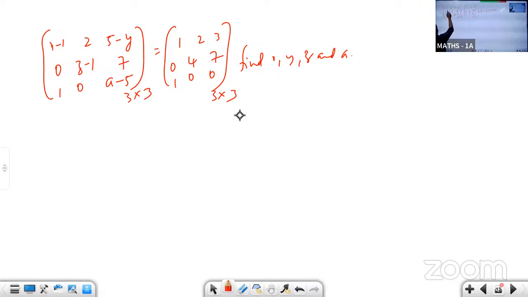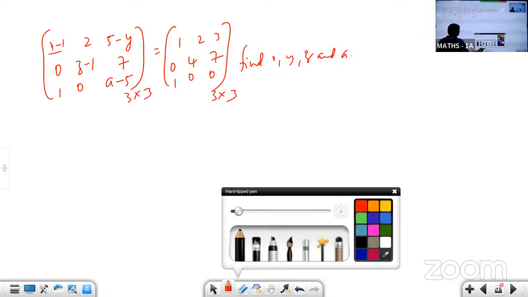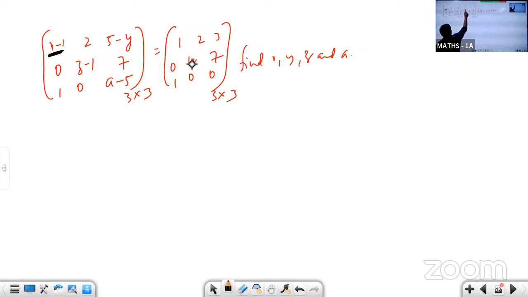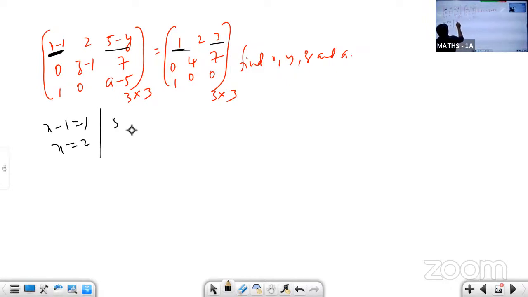So what are your corresponding elements? See, this and this you are going to equate, to get the x value. So x minus 1 equal to 1, x equal to 2, the value is done. This and this you are going to equate. 5 minus y equal to 3, y equal to 5 minus 3, y equal to 2.